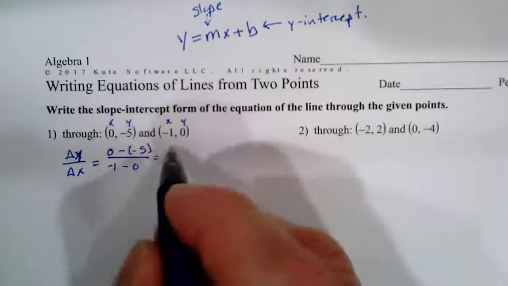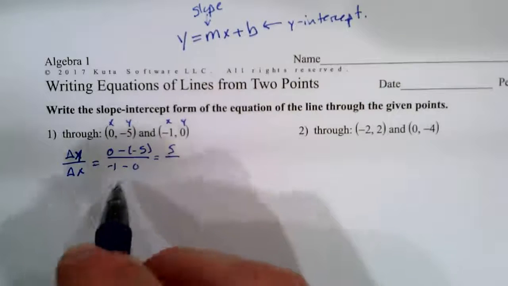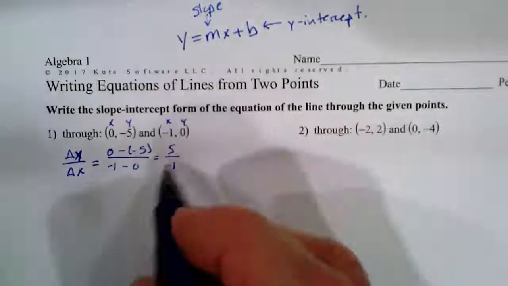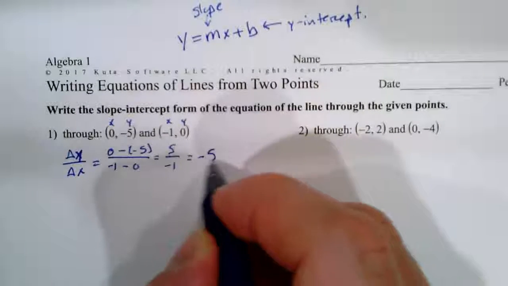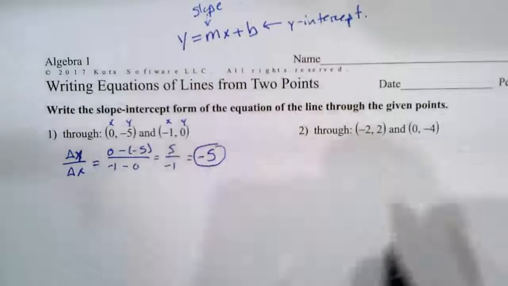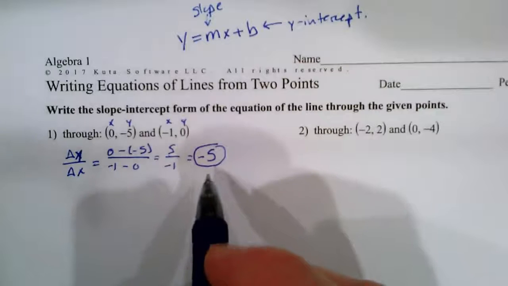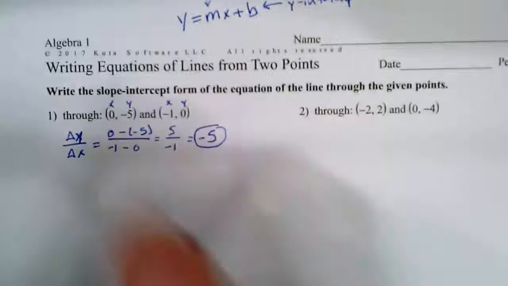So 0 minus negative 5 is a positive 5, because it's the same as plus 5. And negative 1 minus 0, take 0 away from anything, you're left with just that number. And 5 divided by negative 1 is simply a negative 5. So our slope is negative 5. So this line goes down 5, forward 1, down 5, forward 1.